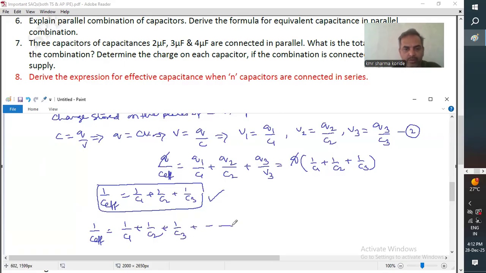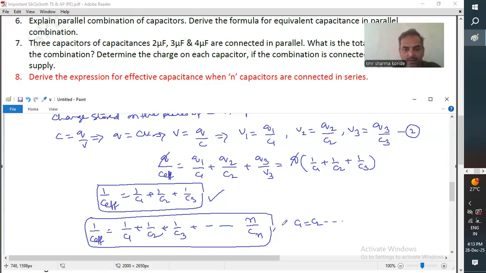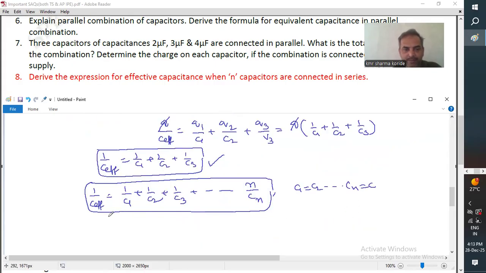They mention that the capacitors are identical, so we write C1 equal to C2 equal to Cn equal to C. So we write C effective as C by n.